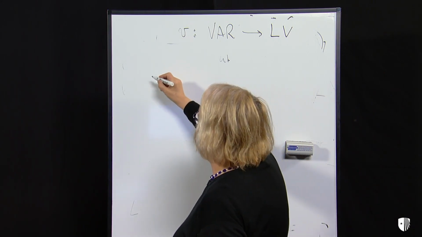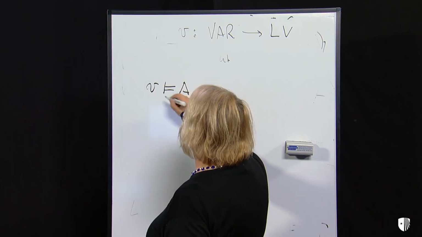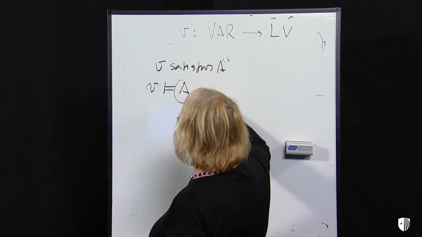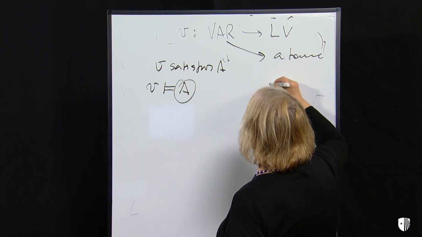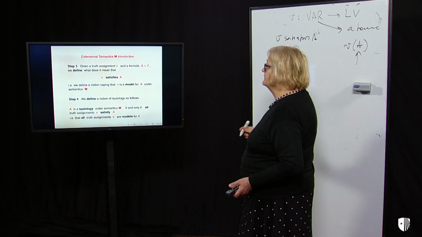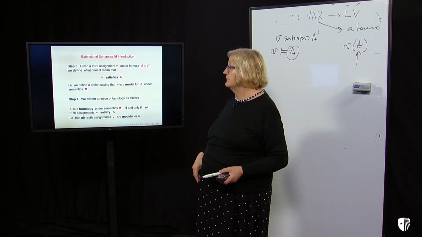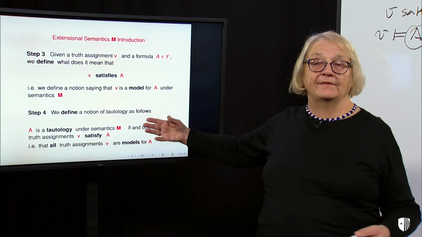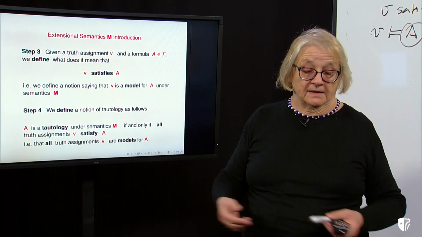And then we define the notion v satisfies A. V satisfies formula A. Here you have atomic formula, and then you have to say what V does on the whole formula. So this is called V satisfies A, which we're going to define. And the tautology is always like that. You say that A is a tautology under semantics M if and only if all possible truth assignments satisfy the formula.